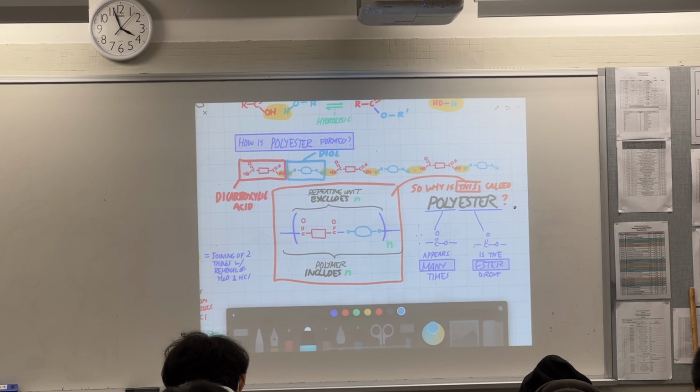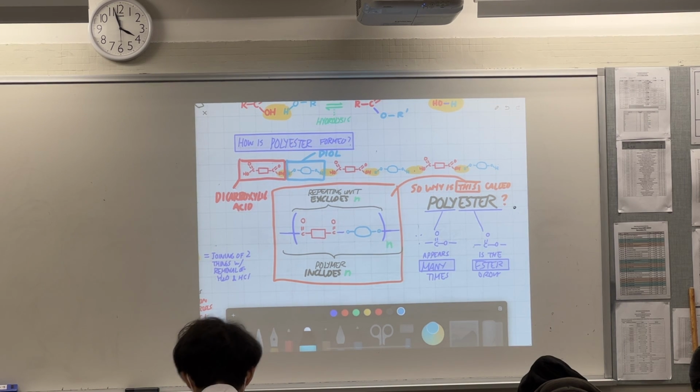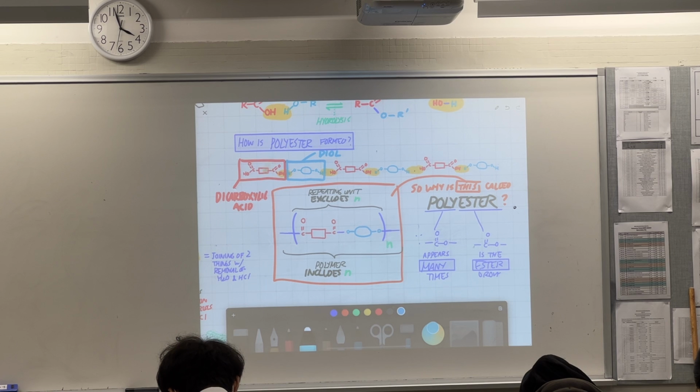So you will need two types of monomers in order to make polyester, as opposed to what you learned in Form 5. Remember polyalkene? Polyalkene needs just one type of monomer, the alkene, right? You don't need a different flavor of the alkene to make one long chain polyalkene. But polyester, not so much. You need two types of monomers, and you will need many of each in order to form the polyester.